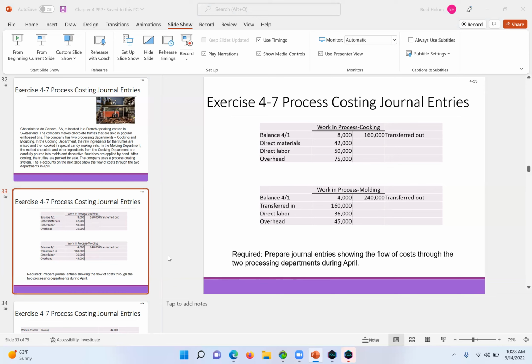Yeah. And then for the materials, I do 42,000, and then I'd credit the materials inventory 42,000. Yep. And then am I going to hand this off to someone, or am I going to do all of them? Hand it off.